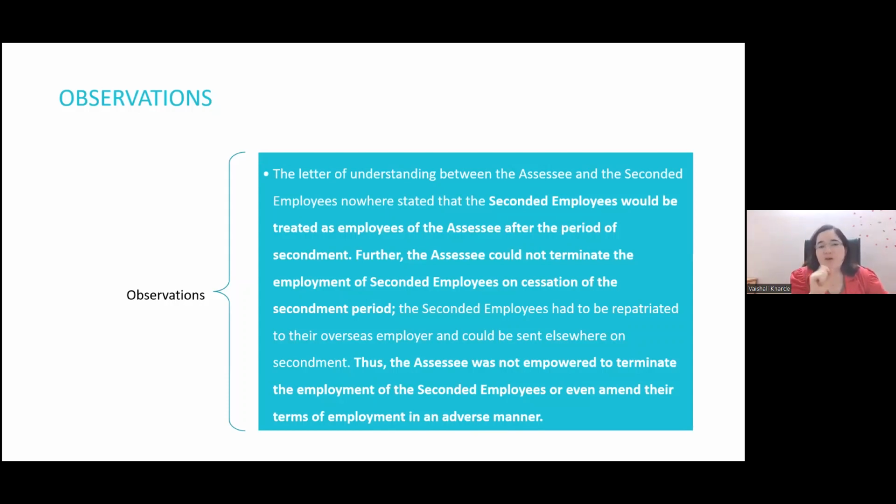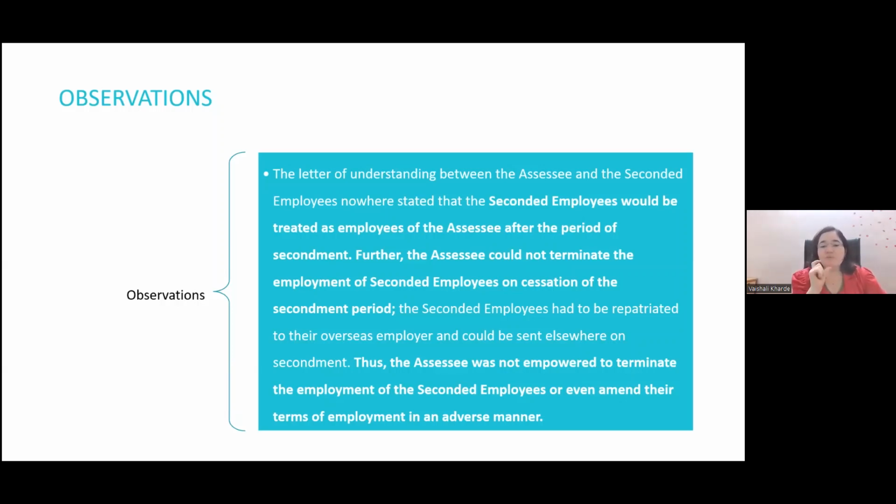Even on the basis of the letter of understanding, they observed that it is nowhere stated that the seconded employee would be treated as an employee of the assessee after the period of secondment. Further, the assessee could not terminate the employment of the seconded employee on the cessation of the secondment period. The seconded employees had to return to the overseas employer and could be sent elsewhere on secondment. So they can't be sent elsewhere by the assessee.